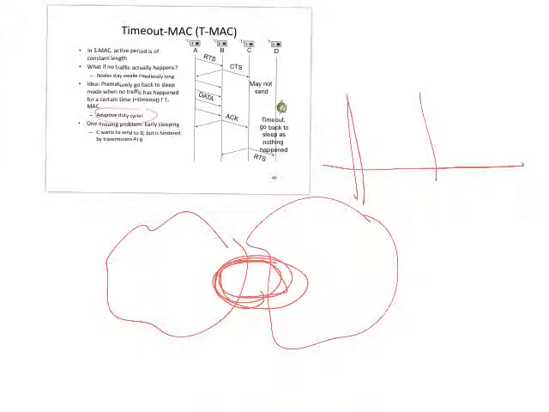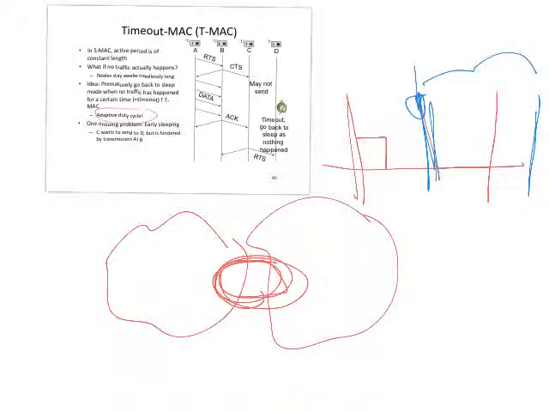One beacon tells you that this is the active period and this is the wake-up period. So this is one beacon and this is the other beacon. The other beacon also tells you that this is the active period and this is the wake-up period.